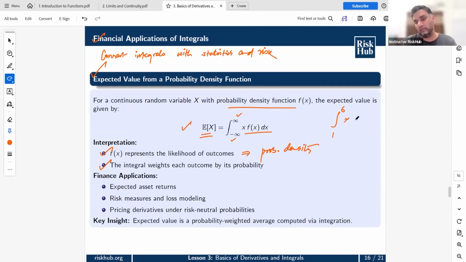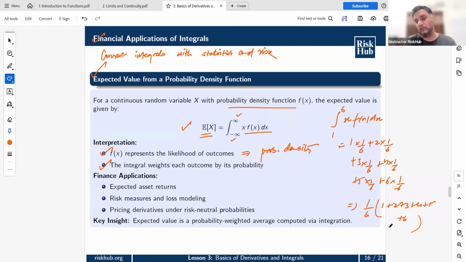If you take x f(x), it becomes 1 into 1/6 plus 2 into 1/6, 3 into 1/6, 4 into 1/6, 5 into 1/6 plus 6 into 1/6. Now 1/6 is common, and you have 1 plus 2 plus 3 plus 4 plus 5 plus 6, which is 21. So 21 by 6, which is 3.5.